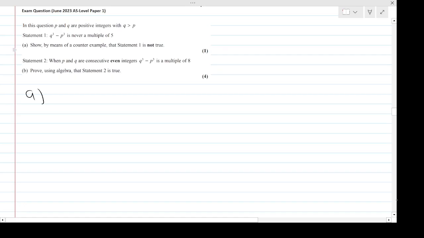Right, okay. Show by means of a counterexample that it's not true. So obviously we need to find integers P and Q which give a multiple of 5 if we calculate that.